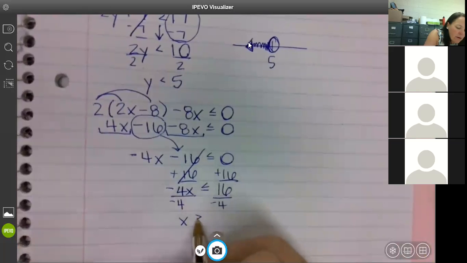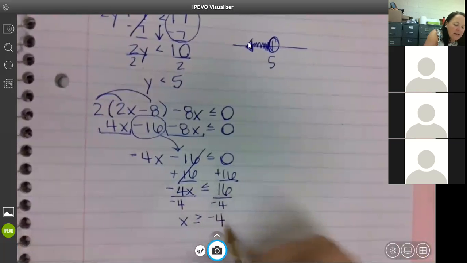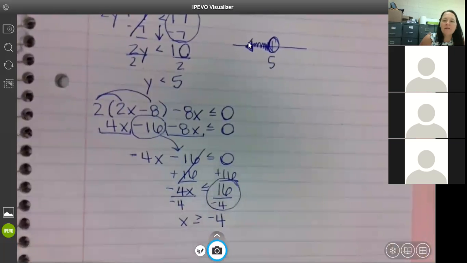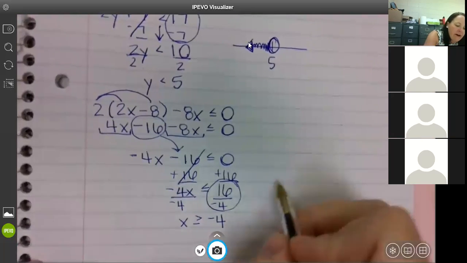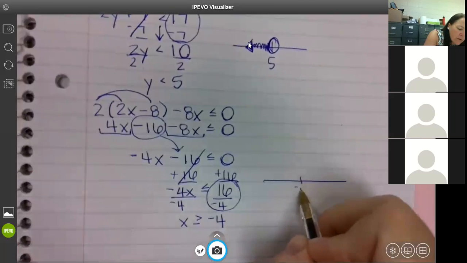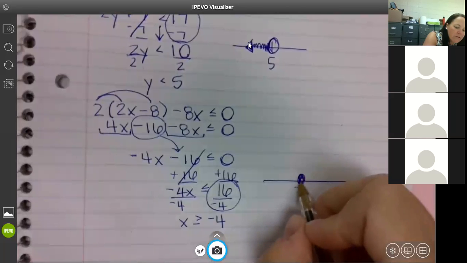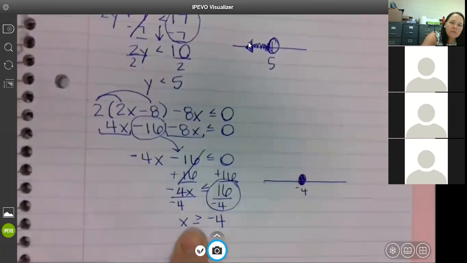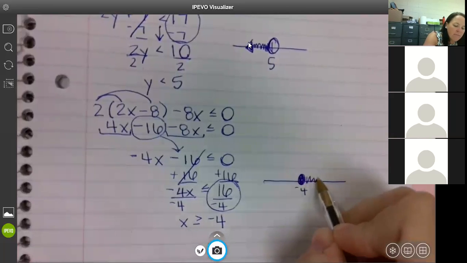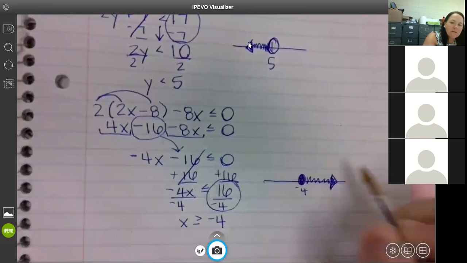You have to flip the sign. And we actually get x is greater than or equal to negative 4. Again, watch this. This is the step that you guys are messing up, the positives and negatives. If I graph this, it's going to be a closed circle on negative 4 because it's equal to, and then it's pointing to the right. So it's going to look like that.